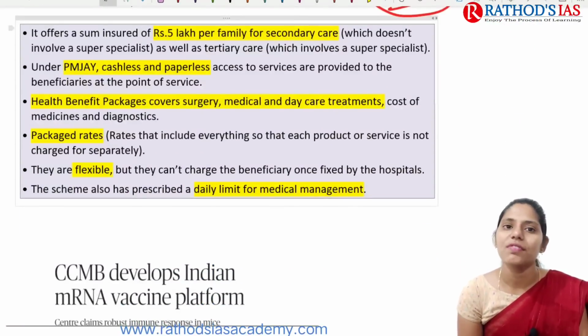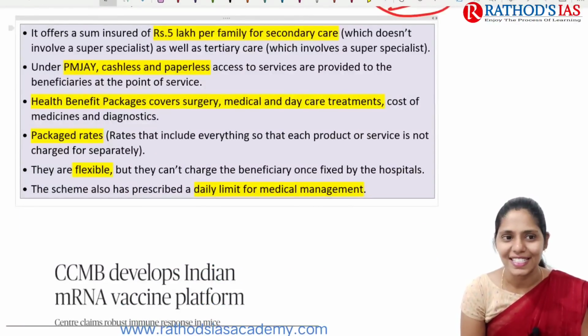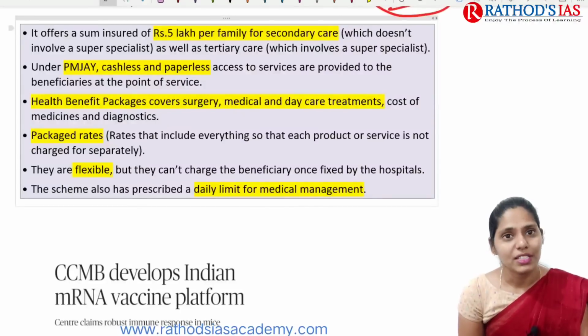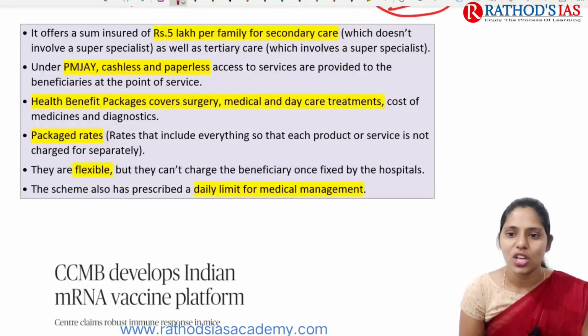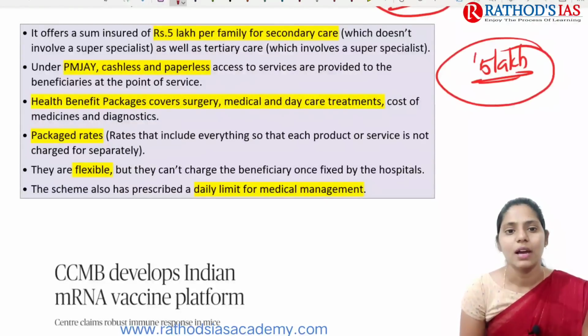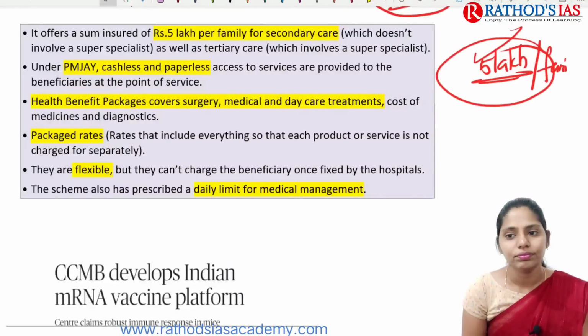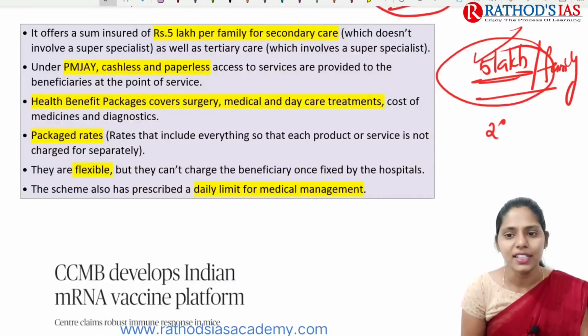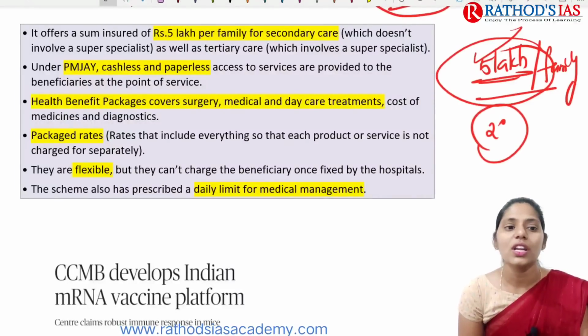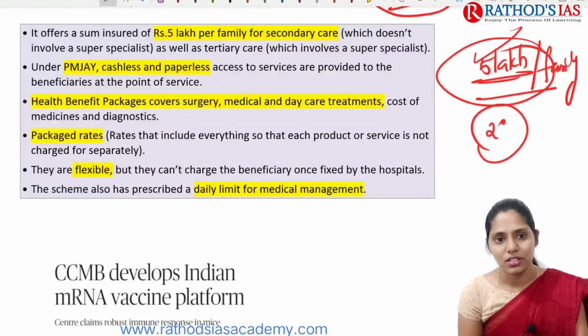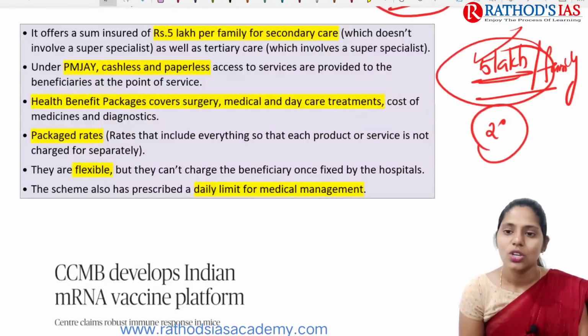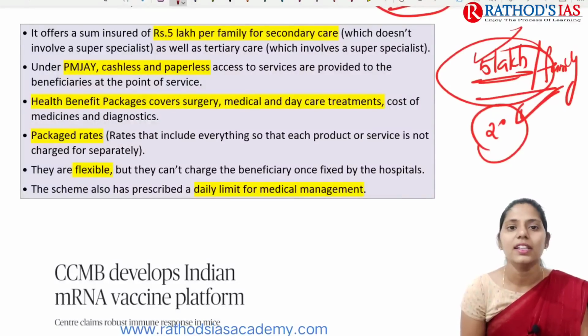Some facts regarding this Ayushman Bharat scheme: it mainly offers a sum of 5 lakh per family for secondary care, which does not involve super specialist as well as tertiary care. So it is mainly including secondary care.